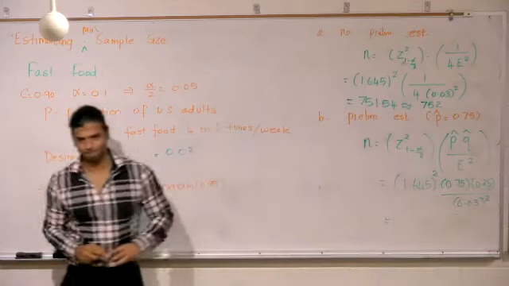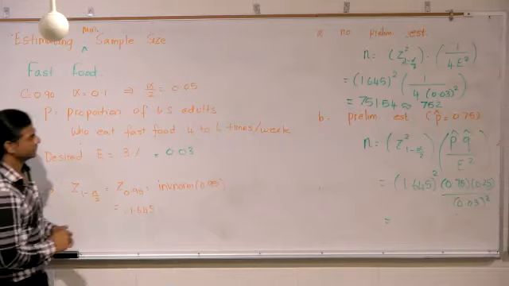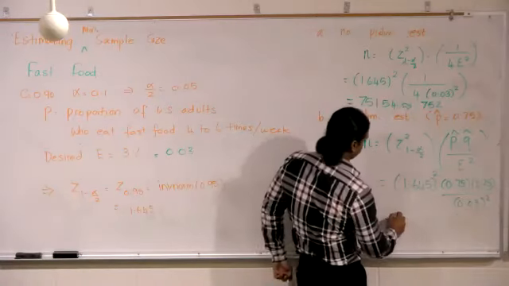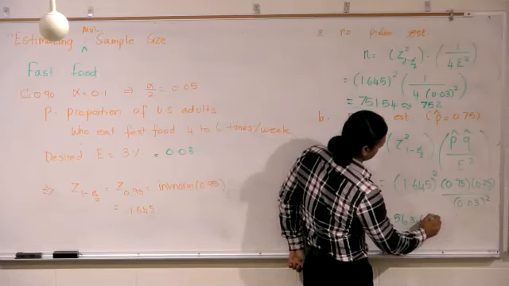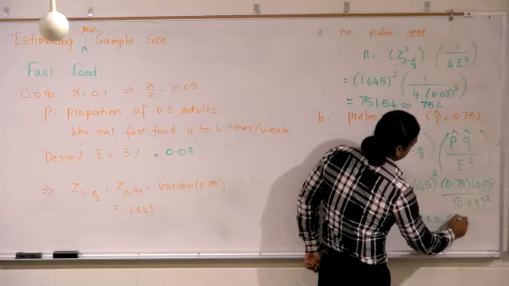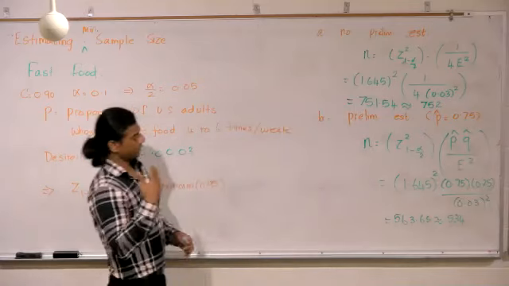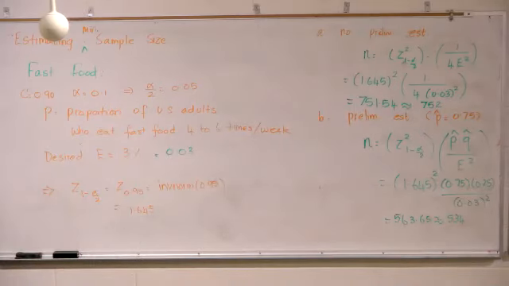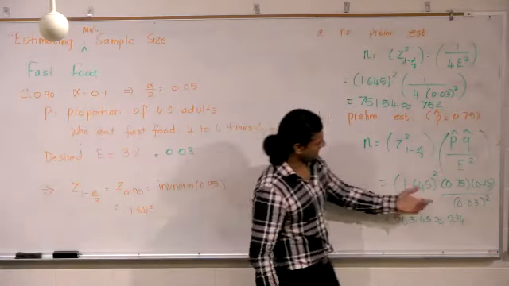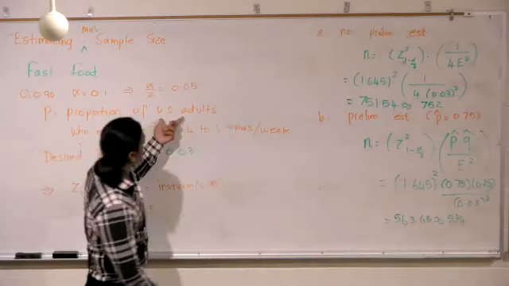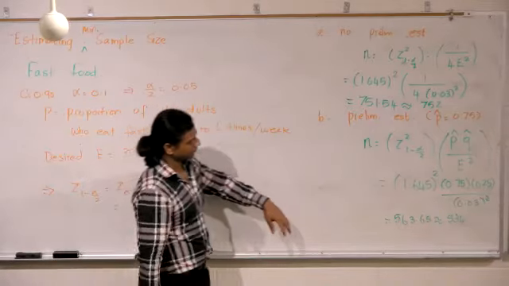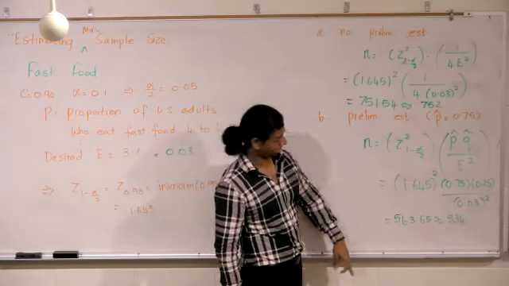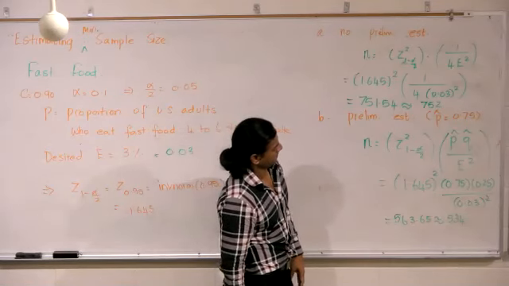What do we get? 563.65. So that is the minimum number of people, in other words US adults, that we would want to survey. Can you check your rounding? I think it's a little off.